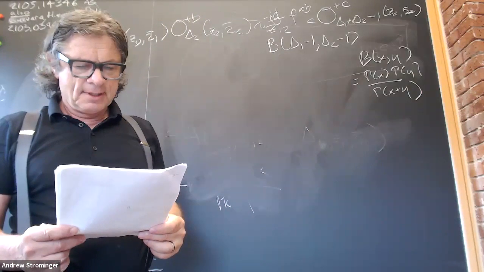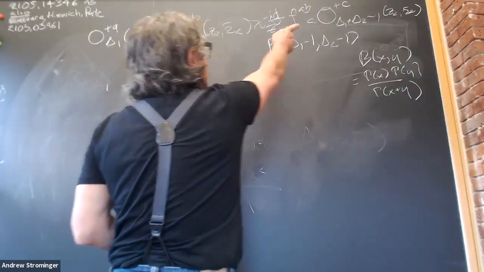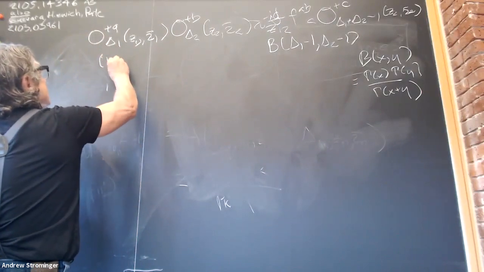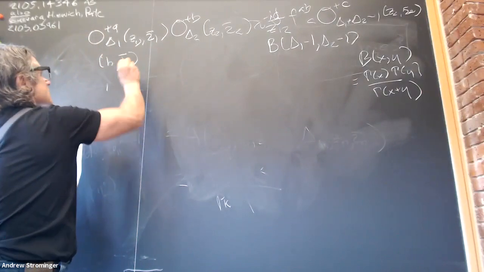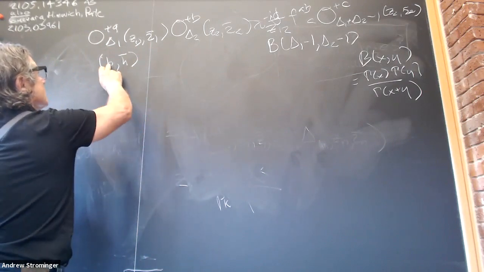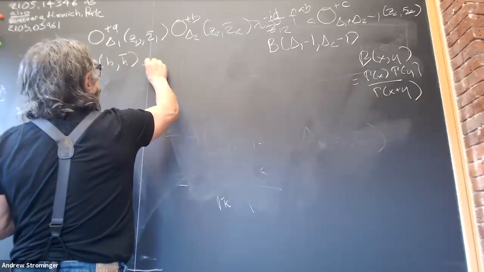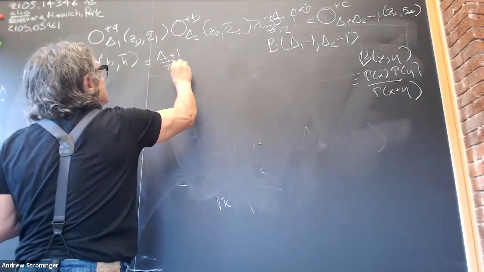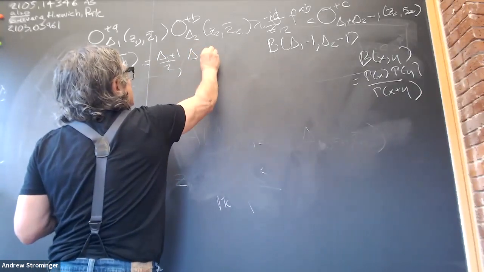Now, since I have a positive helicity gluon, these things have the left and right conformal weights h and h bar.